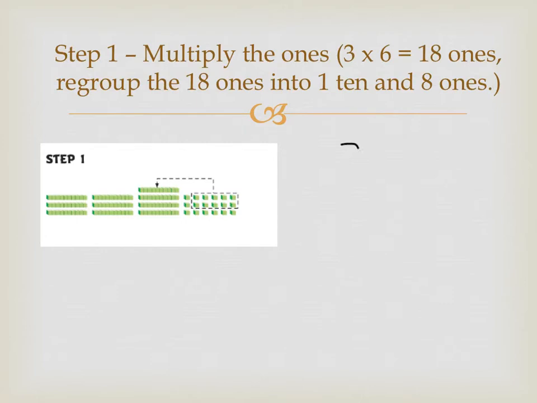To solve 36 times 3 using the regular algorithm, I still need to remember in my mind that 36 is in fact 3 tens and 6 ones. Step 1 in the regular algorithm is to multiply by the ones. I'm going to multiply 3 times my 6 ones.